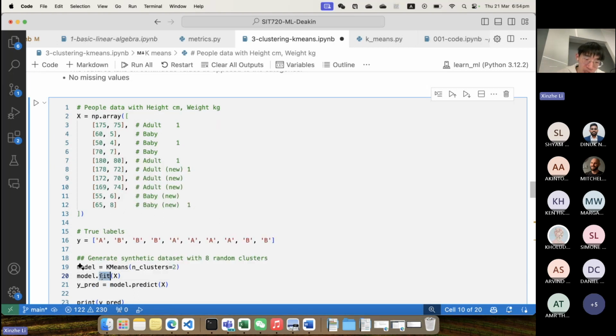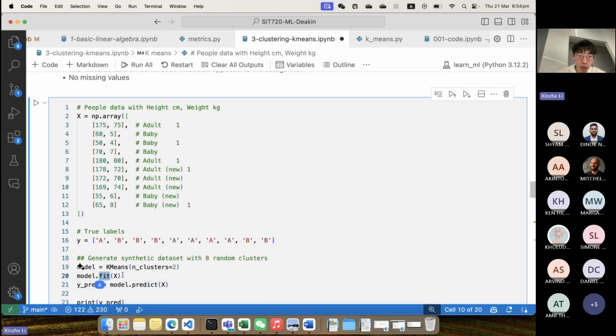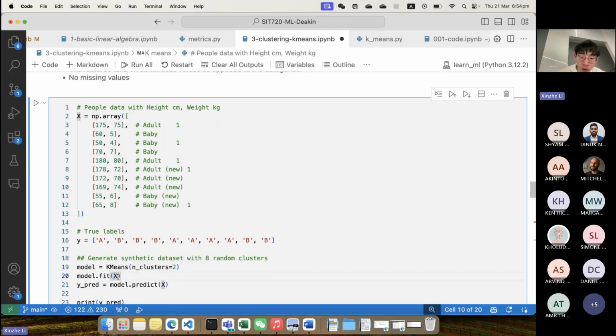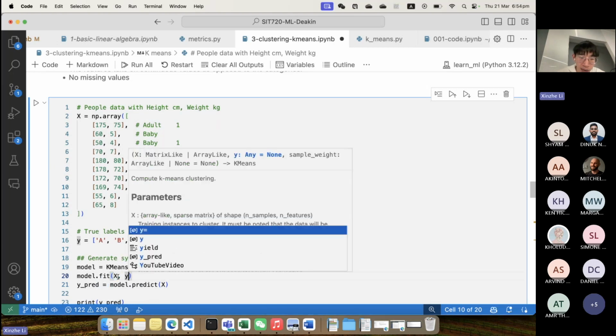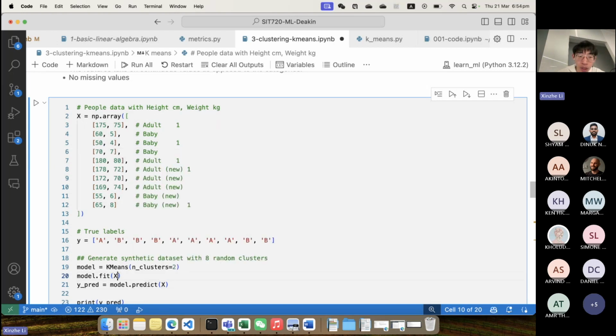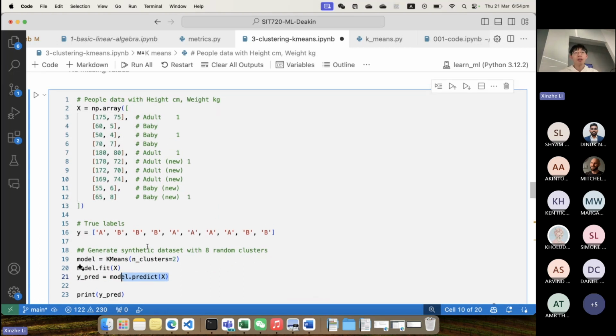You call fit, then you call predict. You call fit, train on this data. In supervised learning, you have a label, so you need to provide y, but it's clustering, so you only need to provide x. Then you do the prediction. All good. Not very interesting.